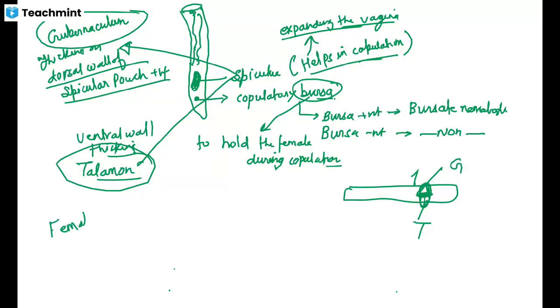Then the female reproductive system. In case of female, there is two uterus, two ovary, and vulva.